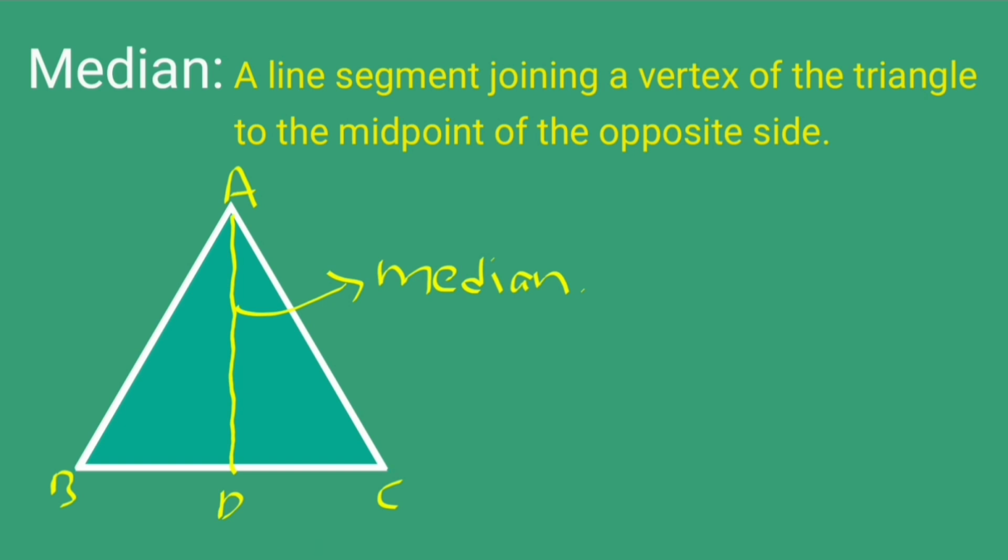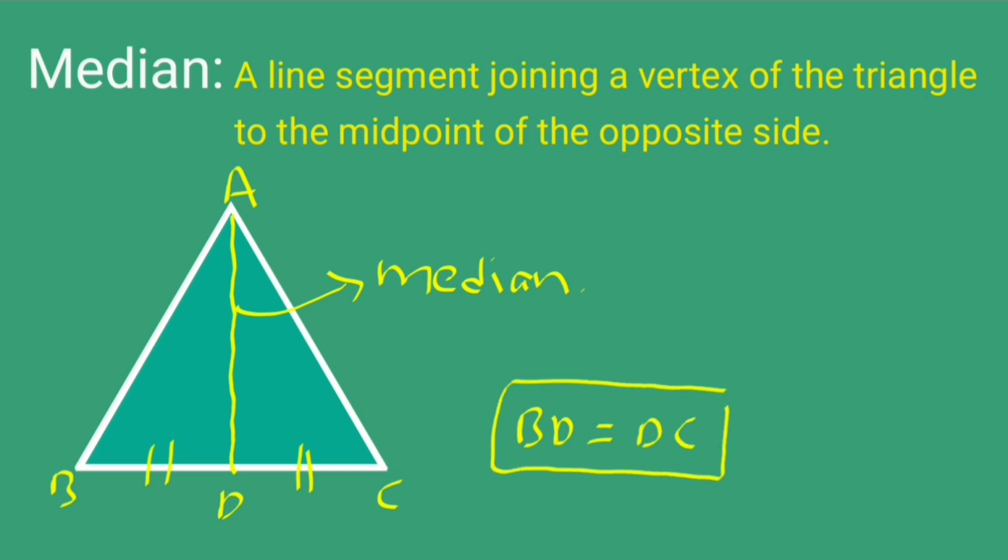That means BD, this length, is equal to DC, this length. Median AD is the median line that divides this opposite side BC line into two equal lengths, that is BD is equal to DC.